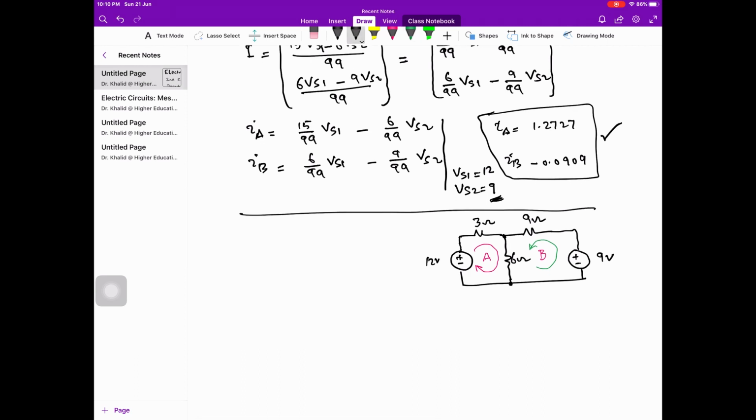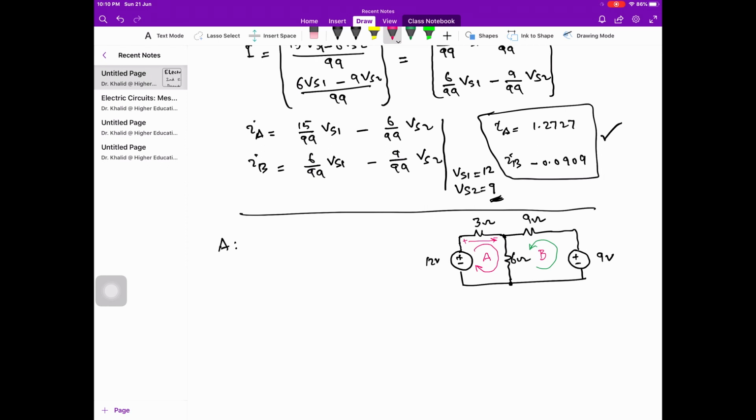And now write the equation for mesh A. Now you see again, starting from here, look at the circuit diagram. What is the voltage drop due to the current IA which is flowing through it? The polarity is shown.